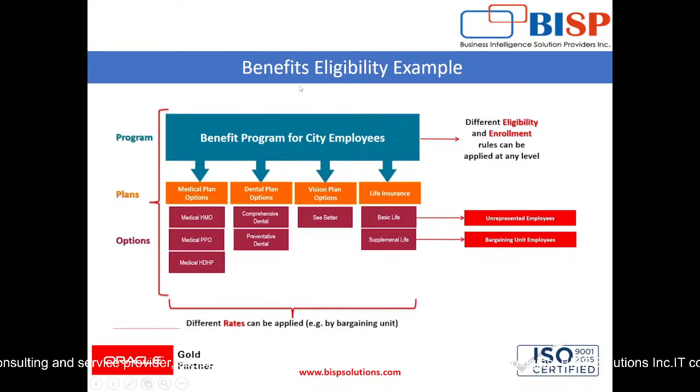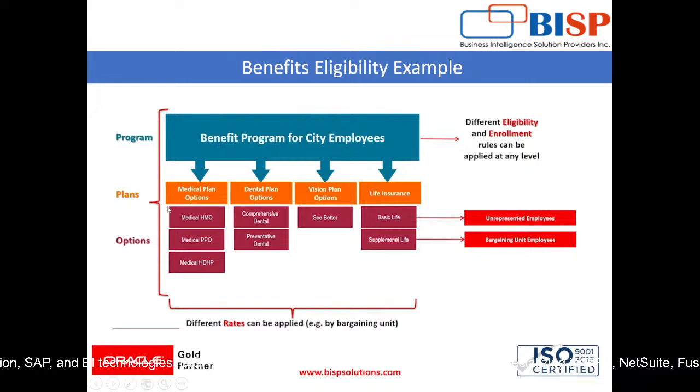example of a benefit in which there is a benefit program for city employee, which is a program, and under that there are four plans: medical plan option, dental plan option, vision plan option, and life insurance, under which we have options such as medical HMO, medical PPO, medical SD.